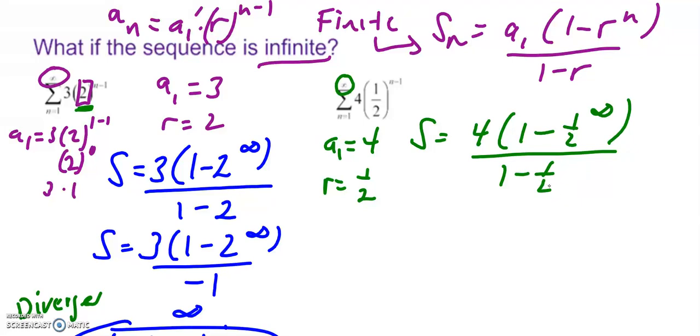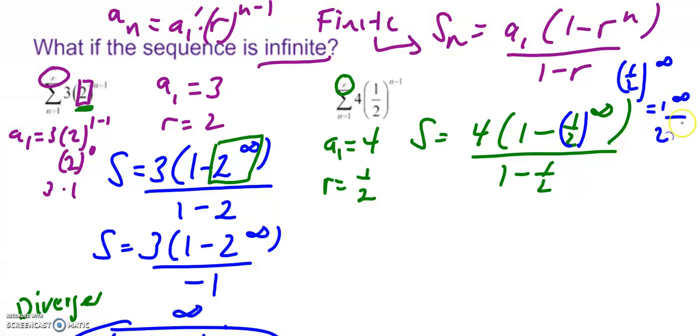Now what's interesting this time is last time we did this, 2 to the infinity power is going to infinity no matter what. But if I raise 1/2 to the infinity, that really means 1 to the infinity over 2 to the infinity. 1 to any power is 1. So this becomes 1 over 2 to the infinity. And if you think about limits, when you're taking 1 and dividing by a huge number, you are getting insanely close to 0.